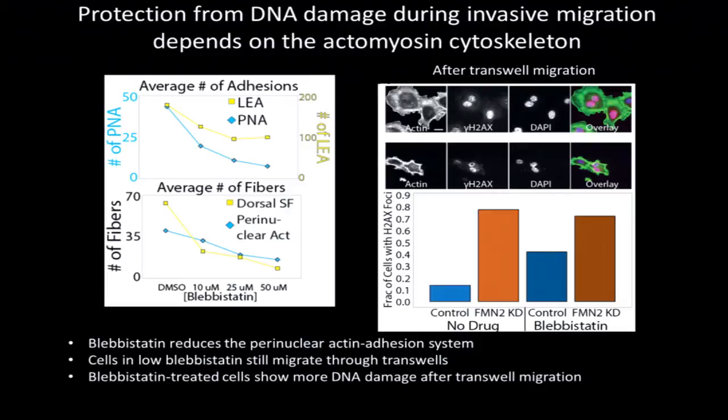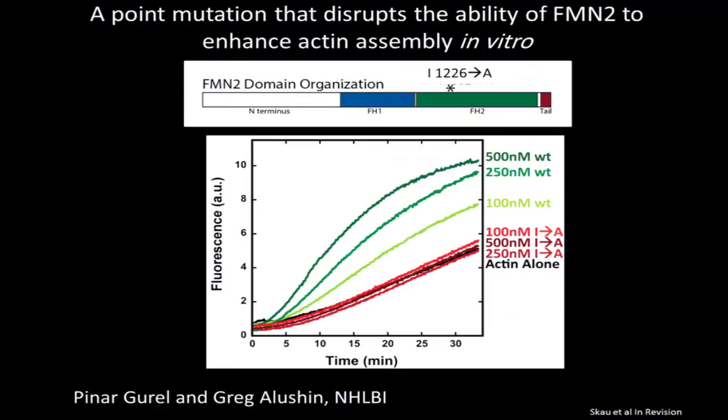So she could still get them to go through the transwell, no problem, but it was a low dose that just hit the stress fibers, and found that this enhanced DNA damage in control cells. It had no effect on the DNA damage in the absence of FMN2, but enhanced DNA damage after you stick them through a transwell in control cells. So that suggests that actomyosin is acting in some sort of protective way.